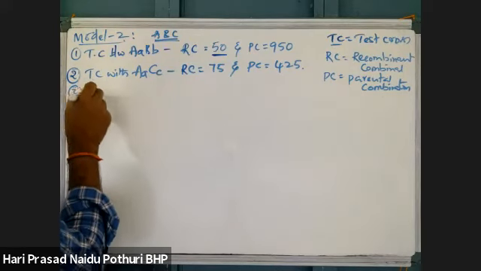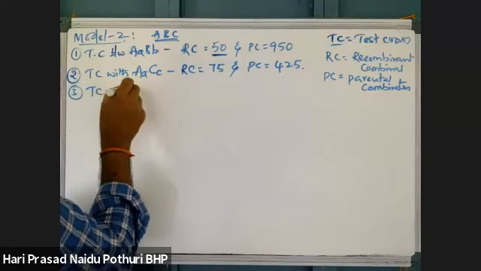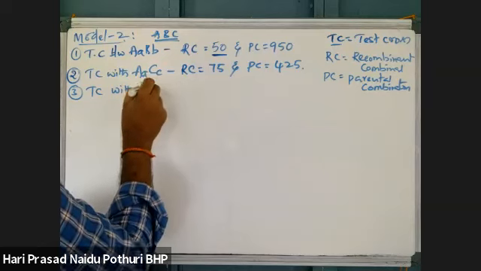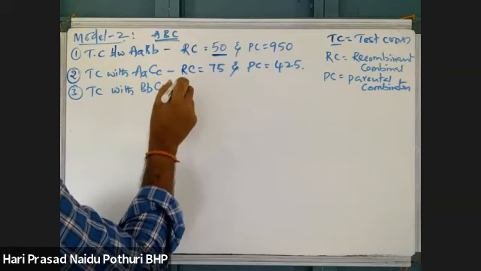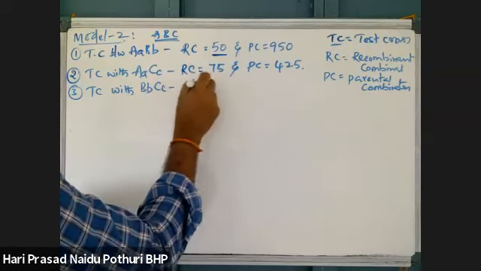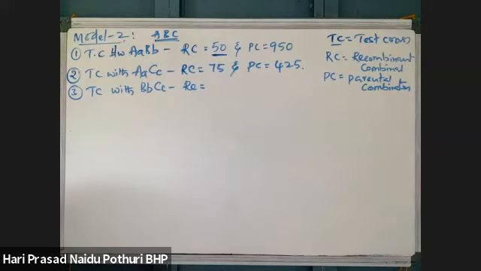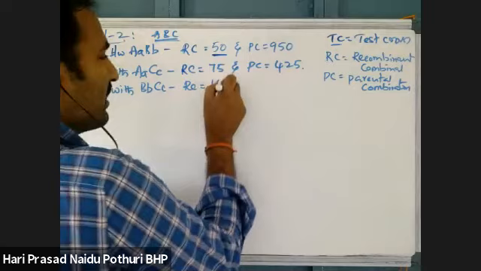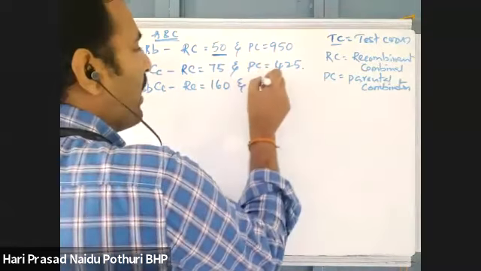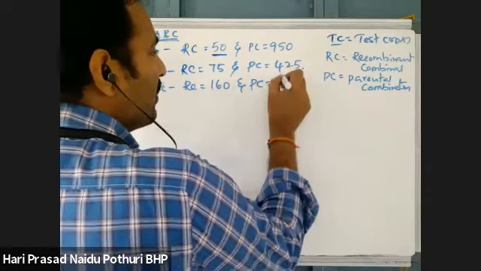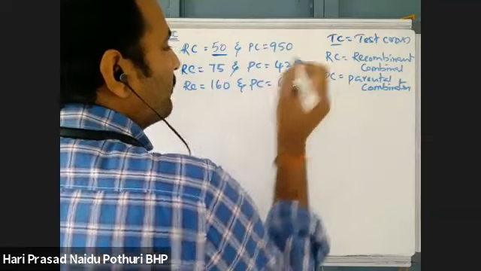Another test cross with capital B small b, capital C small c, gave recombinants around 160 and parental combinations 640.